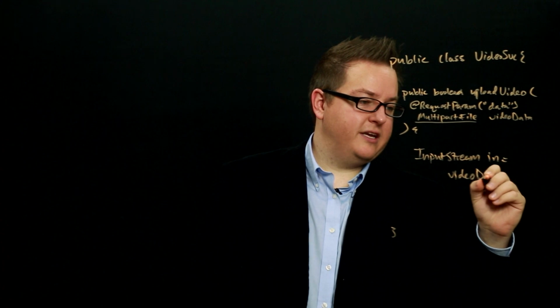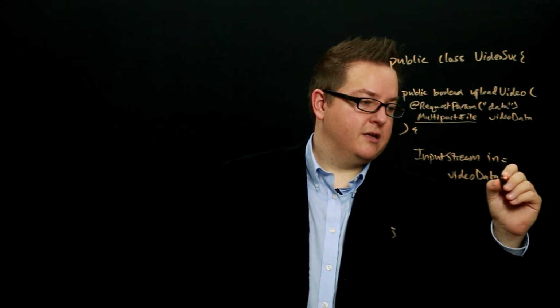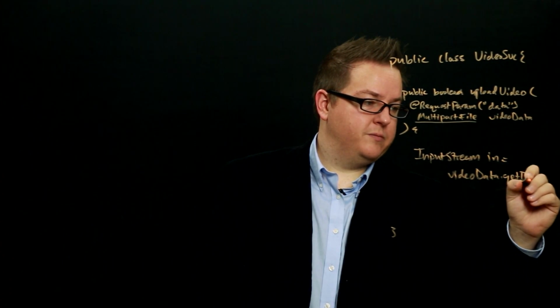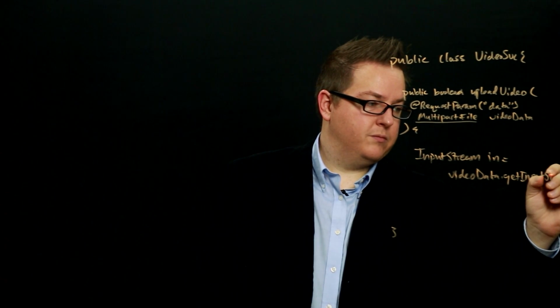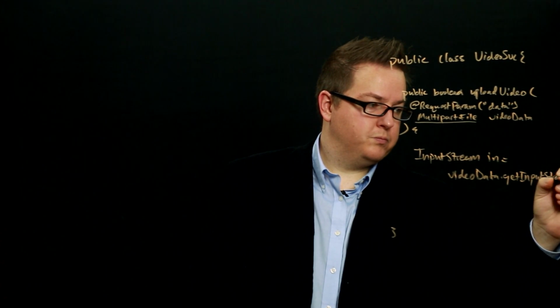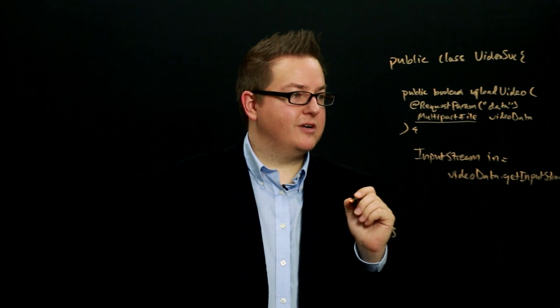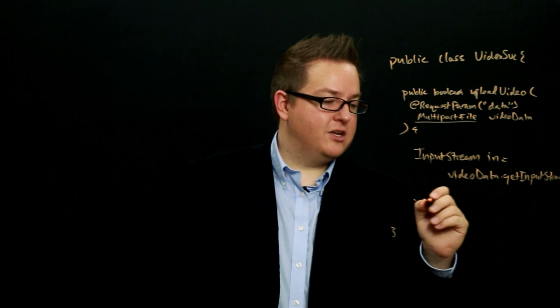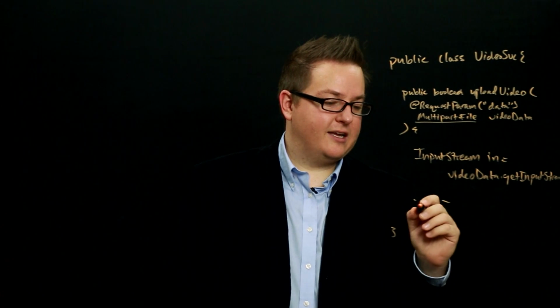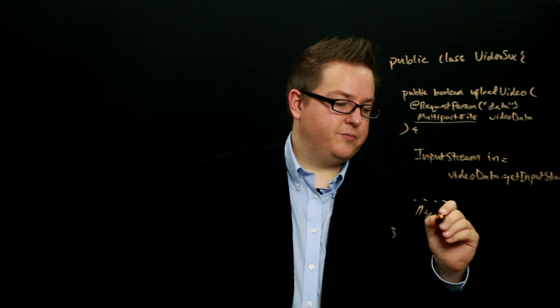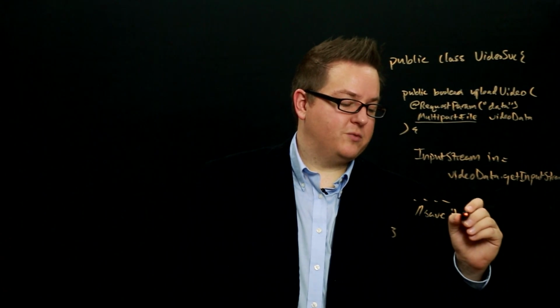So we can say video data get input stream. And we can obtain an input stream from this video data, and then we can go off and do something with it, like save it to disk or to a database or whatever we're doing.